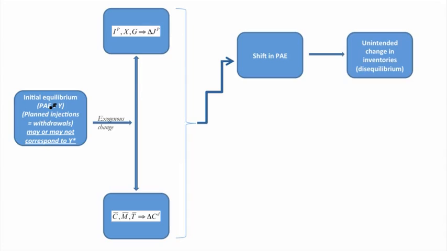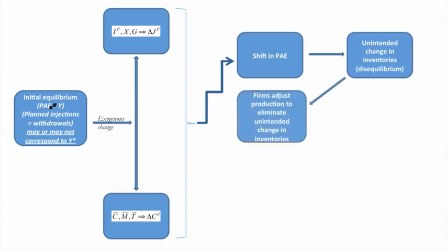Now, the important point about disequilibrium is that it's associated with unintended changes in inventories. Following on from that is the very important assumption in this framework that firms, when they observe those unintended changes in inventories, take that as a signal that they need to adjust production. They need to adjust production because they don't want to have these unintended changes in inventories. It's a signal that they've gotten their production wrong.